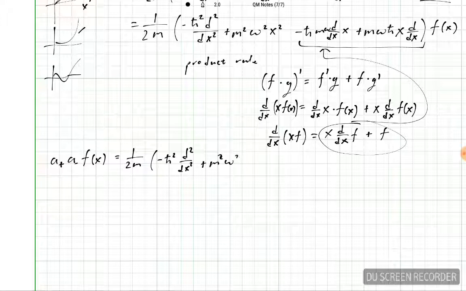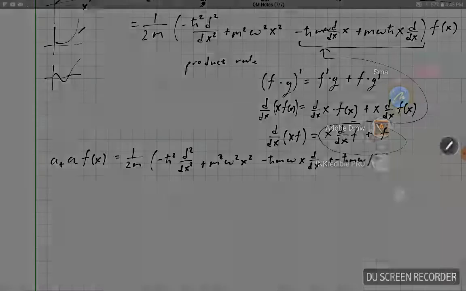Which I don't really care about. But now this one, I get h bar m omega times x dx plus, it's supposed to be another negative h bar m omega times, well, just h bar m omega because I already factored out my f of x.